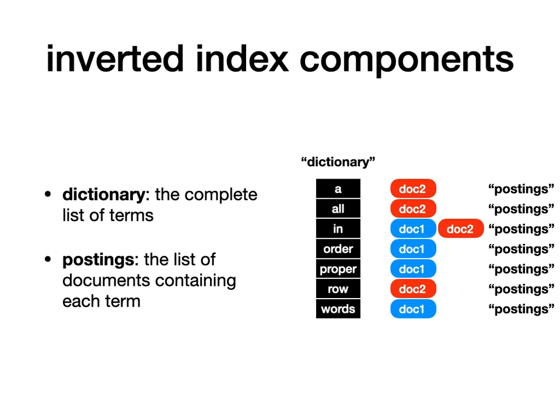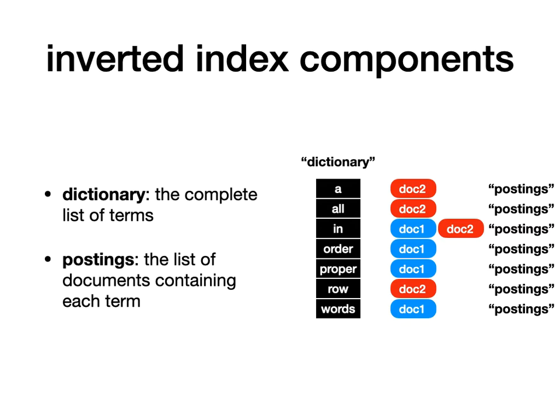Just keep these two ideas active in your mind. And remember, I'm not talking about the dictionary where we have a word and we look up its definition. That is one kind of dictionary. And if you're familiar with programming, you'll know that there are other kinds of dictionaries. It's just a list of terms with content associated. The content in this case, in the inverted index, is the postings, the documents, where the documents are.